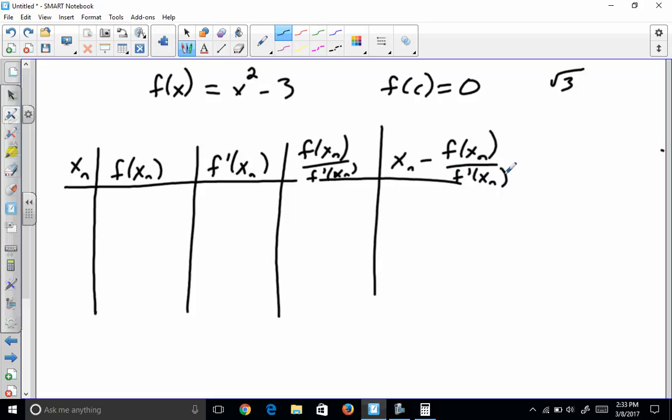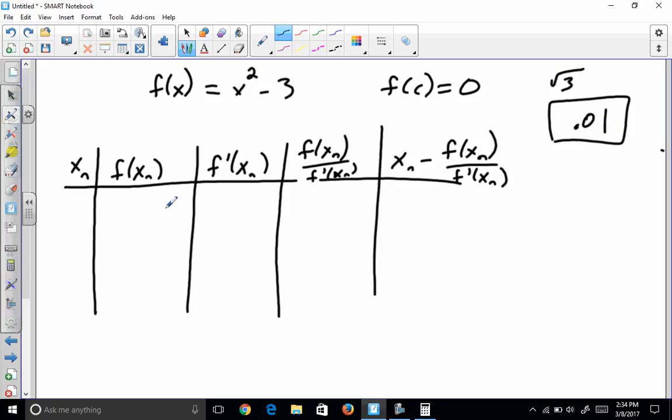Let's continue until we achieve a precision of 0.01. That means basically until our x value, our c, is within 0.01 of the actual value.